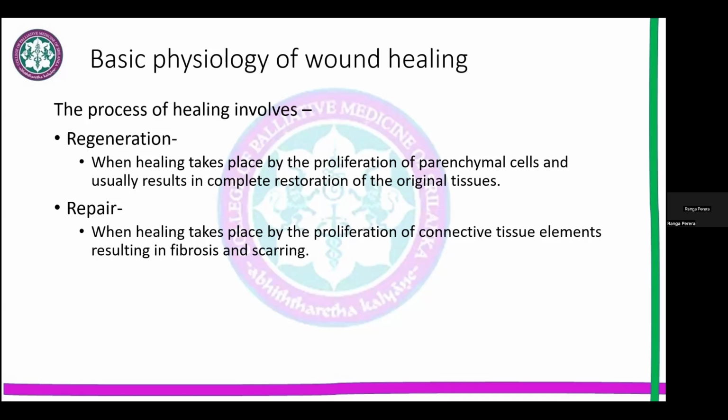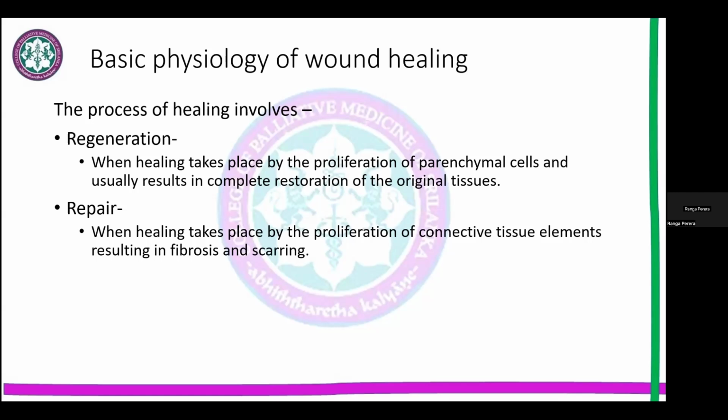For example, if a part of the liver gets damaged, the liver cells will divide and completely heal the liver as it had been before. Another example, the best example, is a fractured bone. If a bone gets fractured, the tissues will come together and completely heal the bone as it had been before.